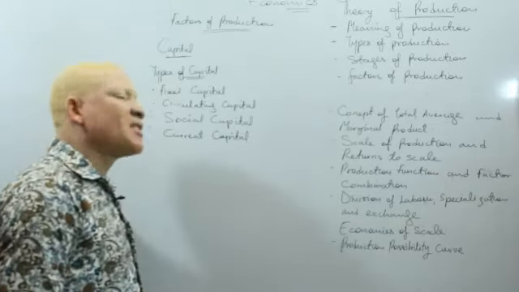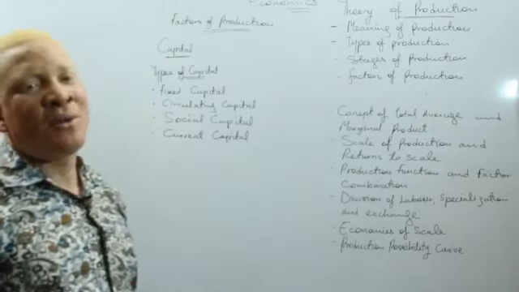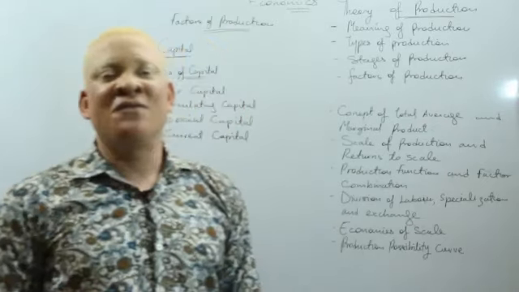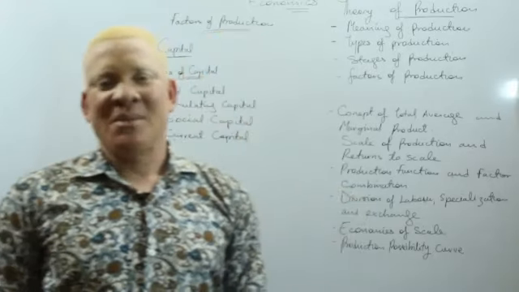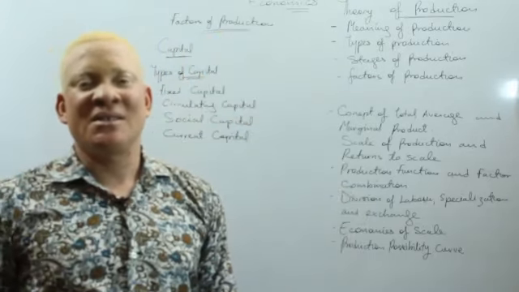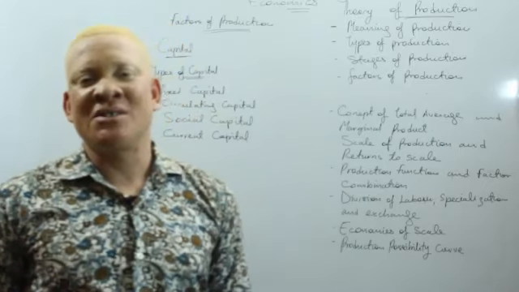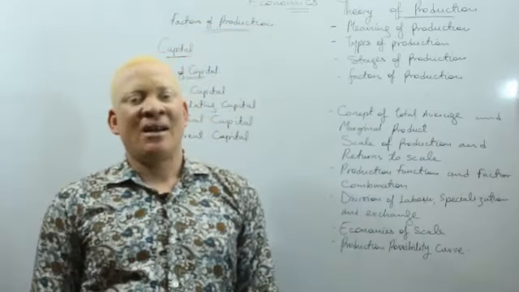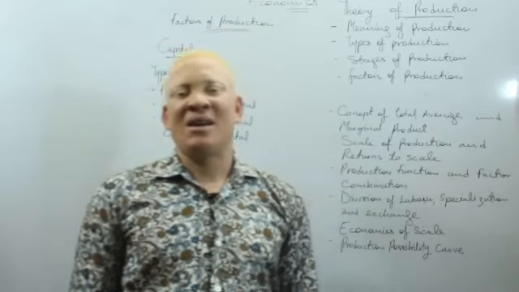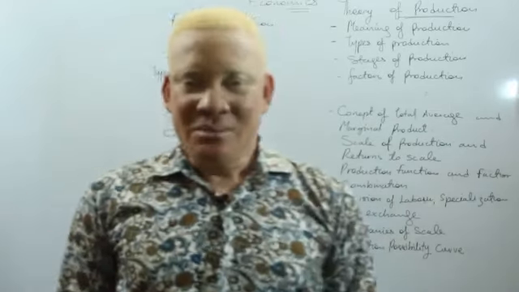Now, fixed capital talks about a type of capital which does not change in both value and volume and form as the production process progresses, or as the stages of production progress. That means it remains static in the short run, both in volume and in form.